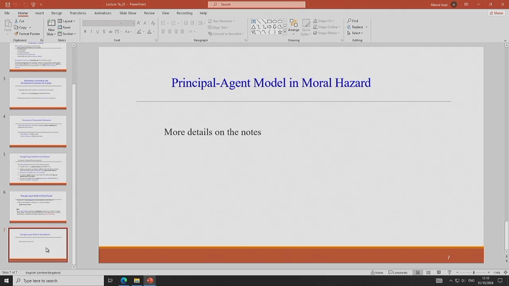In the sense that if the level of effort is equal to 0, which is the least you can have on the effort scale, pi naught will be closer. So we can say that this is the probability of obtaining this outcome when I do not exert any effort.